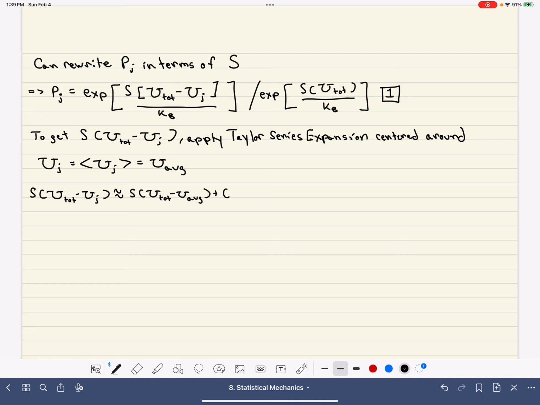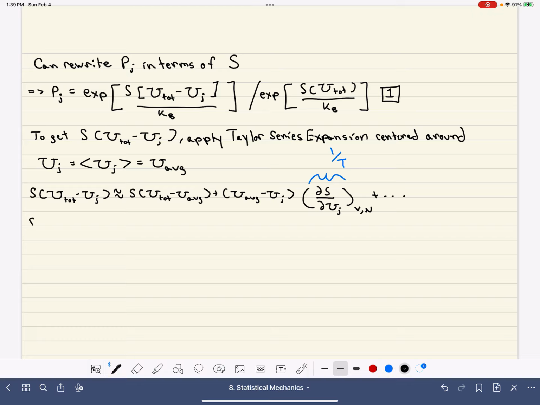Plus u average minus u_j, times the derivative of S with respect to u_j at constant V, N, and then there are some higher order terms here. The reason that doing this is useful is that we have this derivative dS/dU, and we know from our properties of entropy that this derivative is just equal to 1 over temperature.